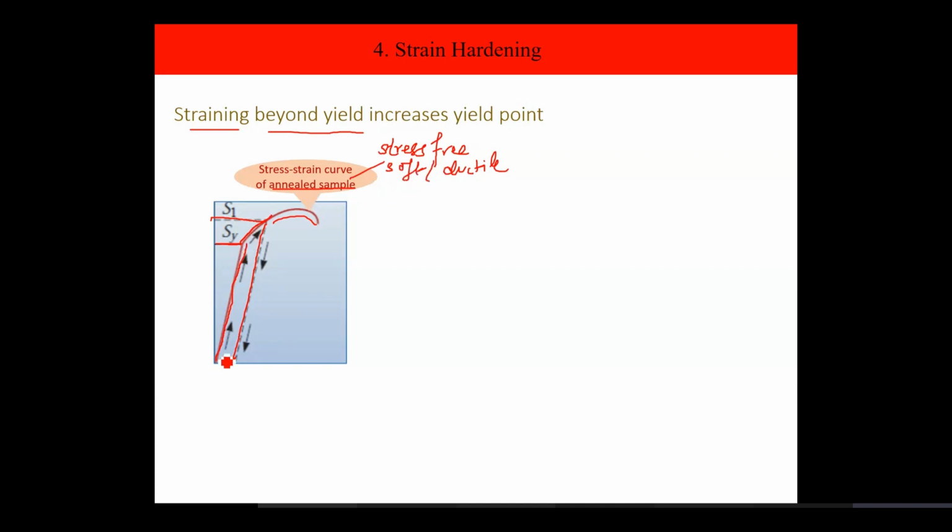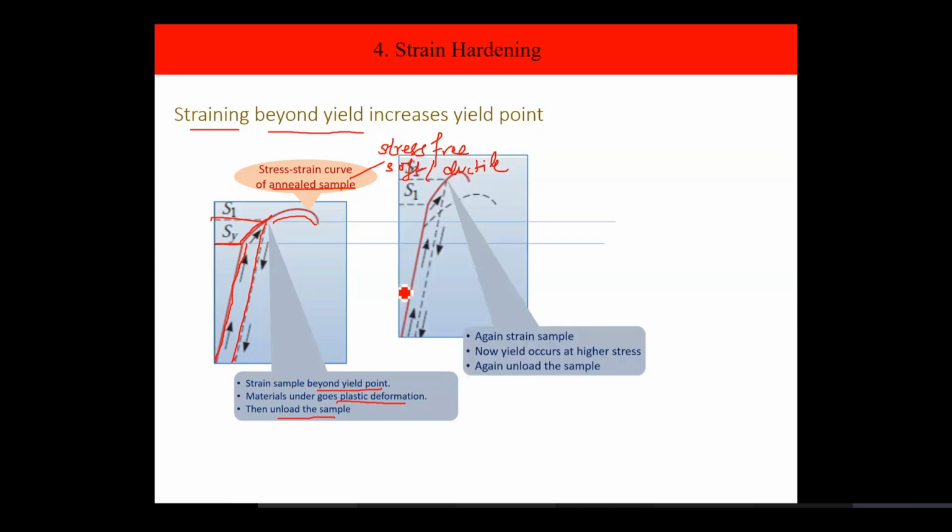So you take a sample, apply a certain stress on the material such that it goes beyond its yield point. As the material undergoes plastic deformation beyond the yield point, you unload the sample. Then you repeat the same process. You again strain the sample.